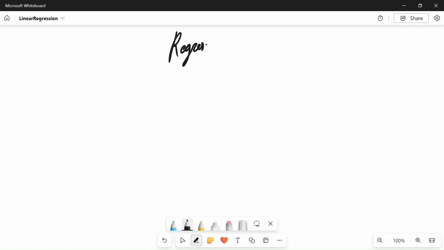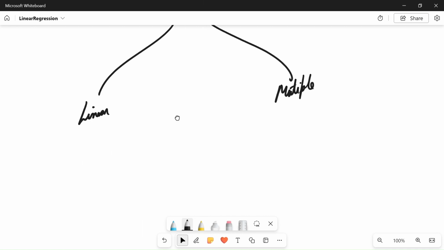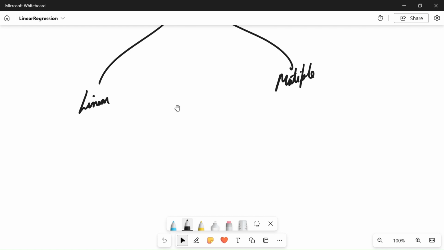Regression. There are, I'm sorry, there are actually two types of regression mainly. The first is called the linear regression, and the second is called the multiple regression. And there are two ways for parameter estimations in linear regression.